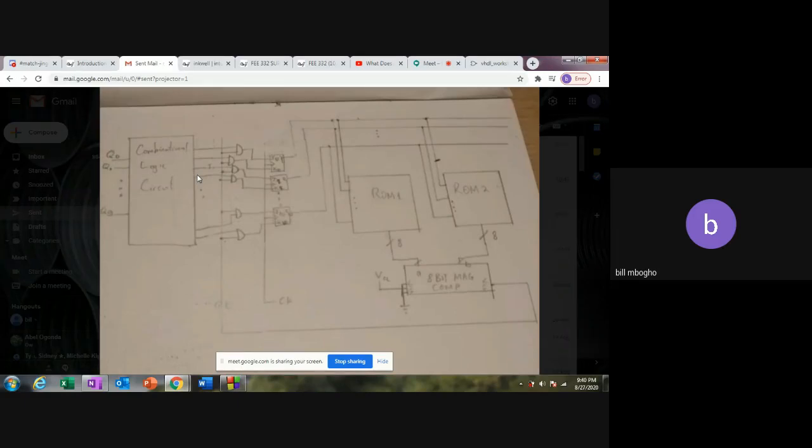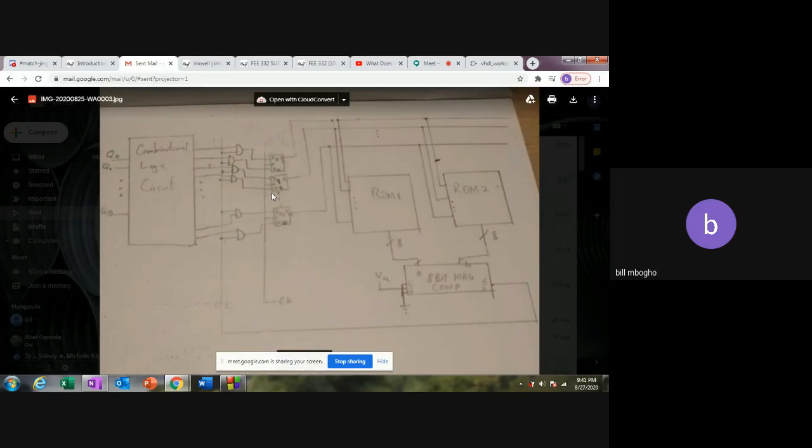The reason I wanted to use a synchronous counter, the modulo 1024 synchronous counter, will be apparent in a short while. So basically, the synchronous counter usually has a combinational logic circuit to it, and then some JK flip-flops.